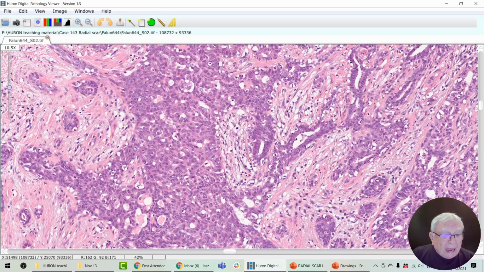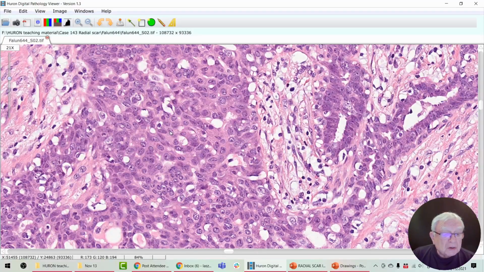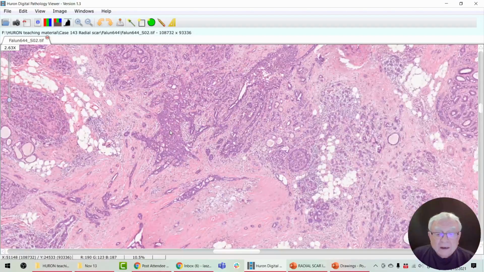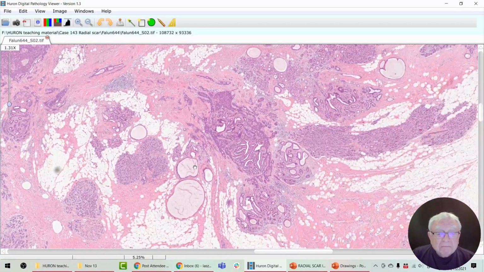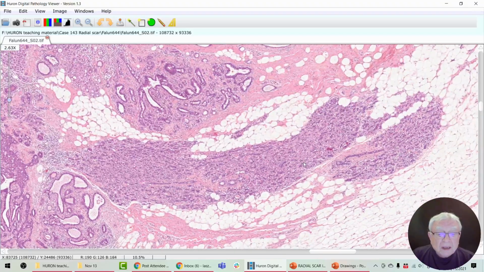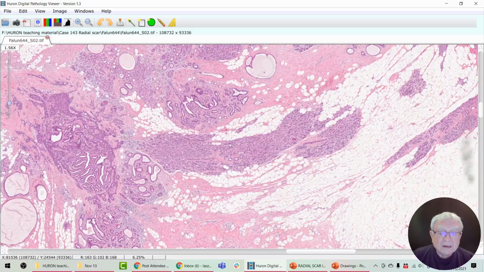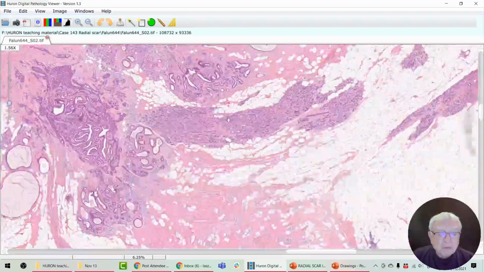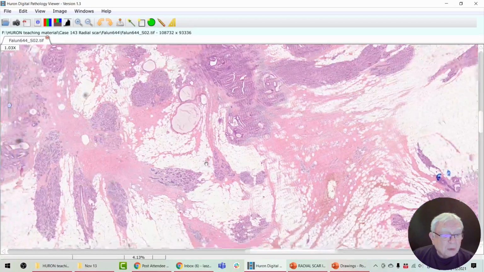Look at the power of this tool. It's about 20 gigabytes. Just this little picture is 20 gigabytes. Everywhere there is hyperplasia, and this one really catches my eye. What a proliferation. It might have shown up on the mammogram as a radiolucent part.